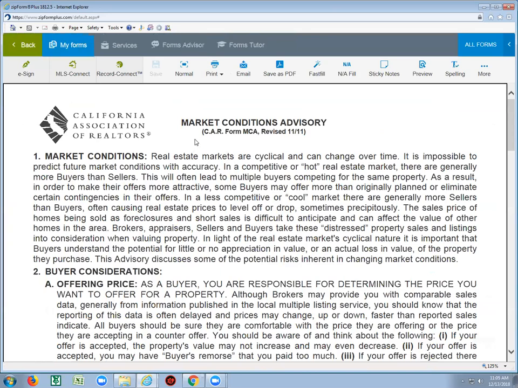Market condition, why do we need the buyer signing this? Because sometimes we pay over asking, and buyer, you're willing. I didn't force you, right? You pay over asking because you pay for your likeness. You like this house, so you pay. So sign this.